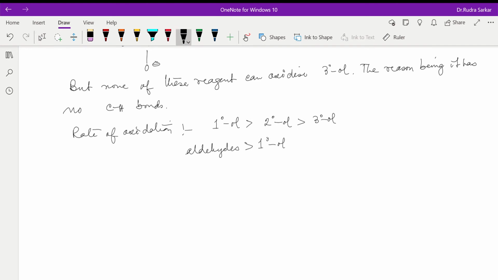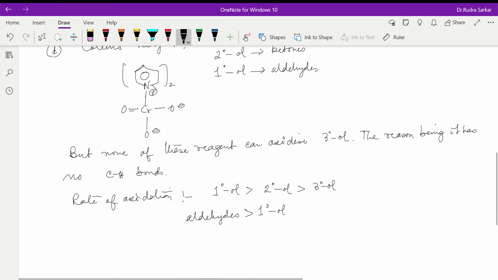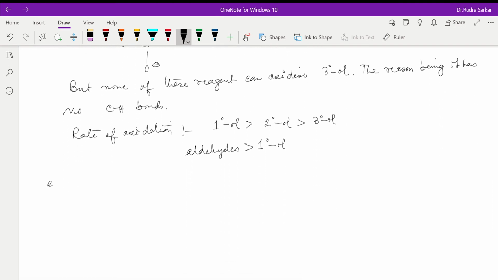Another method by which we can oxidize alcohols to aldehydes is by using manganese dioxide.